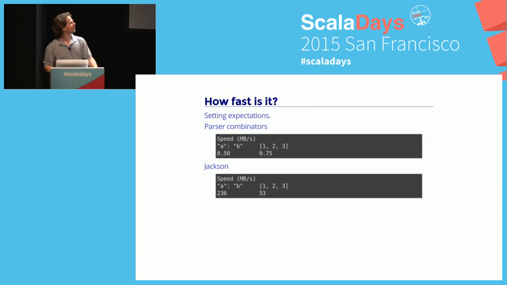But that's not very impressive compared to Jackson, where it just tears through this at 200 something, and the numbers is a little bit slower, mostly because parsing doubles is kind of annoying because you've got to convert decimal to binary and stuff. So anyway, it's a huge improvement, right? Like 400 times or 60 times or 70 times or something.